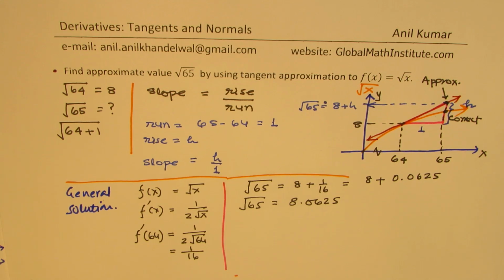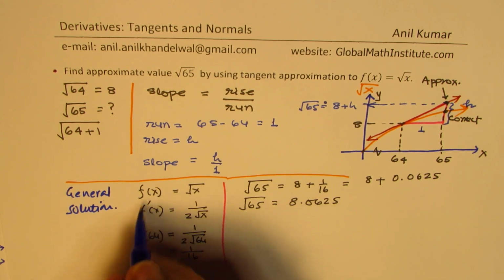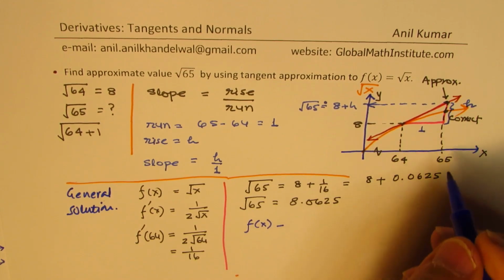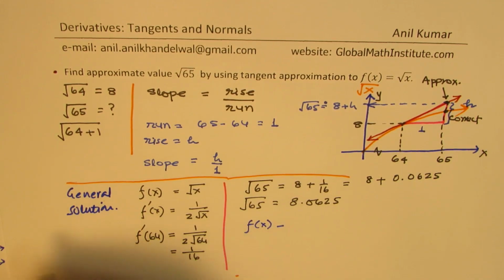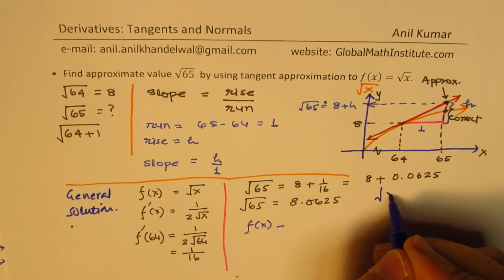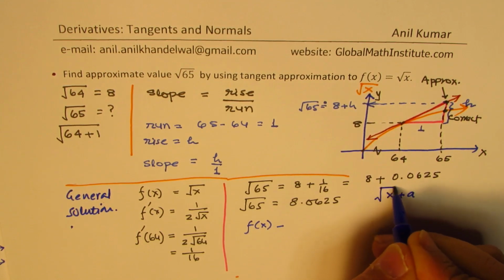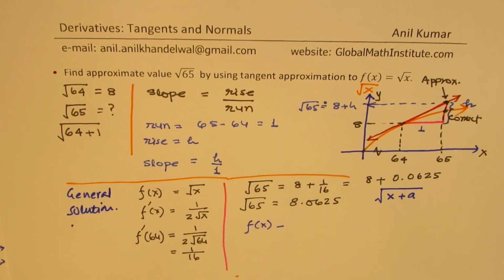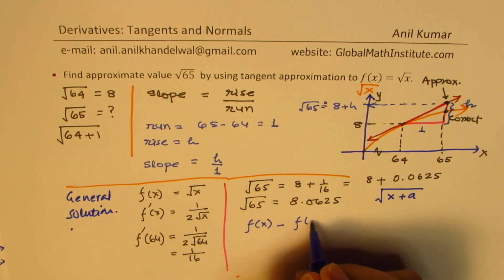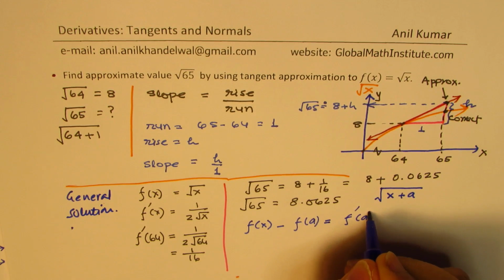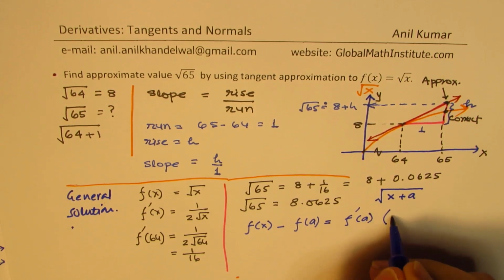Now we are talking about the general formula. So generally we can write this as, if it is any point a, let us say we want to find square root of x. In this case it was 64 plus 1. But if it is a, then f of x minus f of a will be equal to the derivative at a times x minus a.